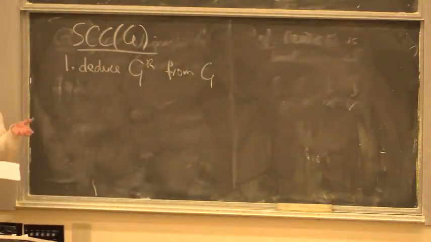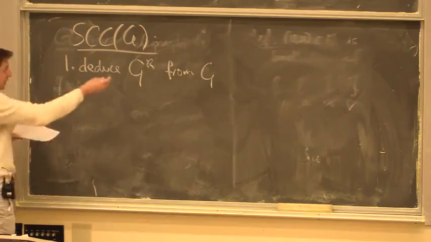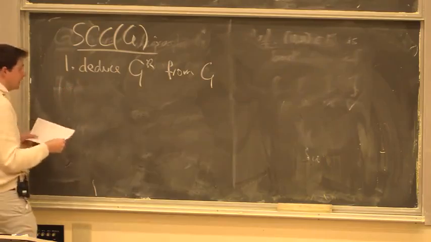Because G is given to you as input. You want G with all the flipped edges, so you have to do something, right? For instance, if you have the adjacency list, you have to do an operation that reverts all the edges. Or if you have an adjacency matrix, then you can just flip it, okay? So this is an operation that costs something. You can do it in linear time.